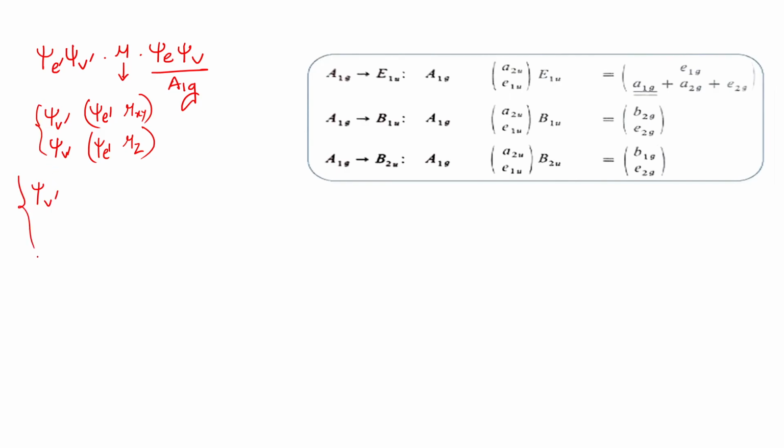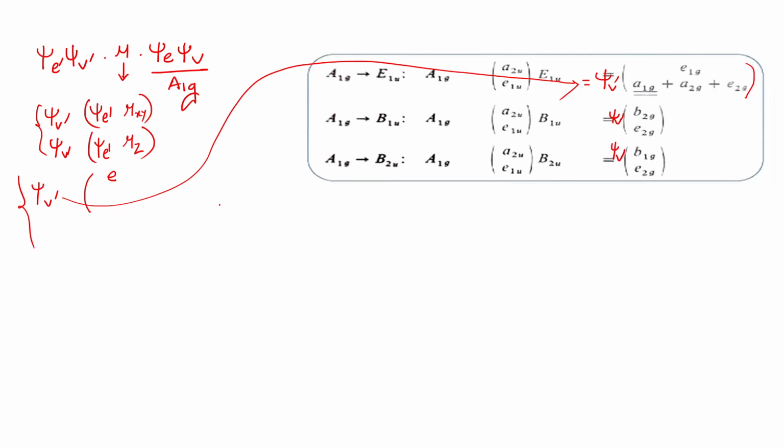This together we are discussing psi v dash. This was one case. So here we can shift our discussion to psi v dash, and this is our psi e dash into mu xy in all these cases. Here you can put your psi v dash.